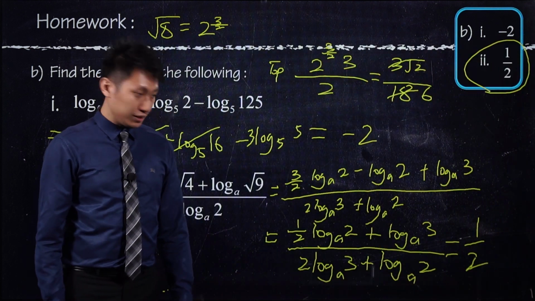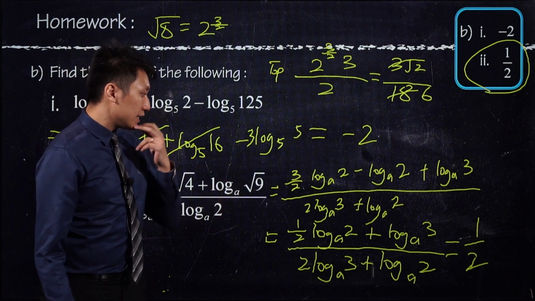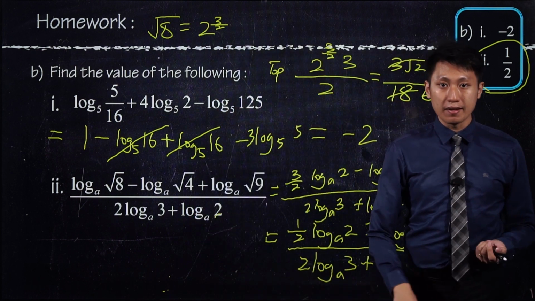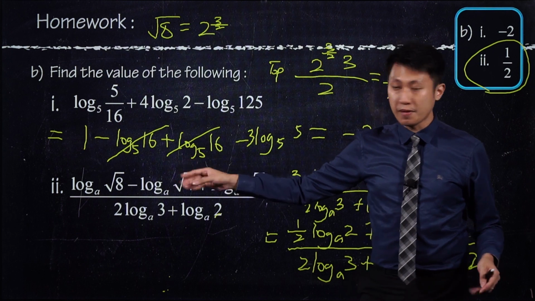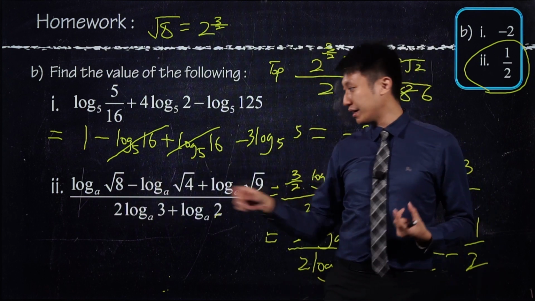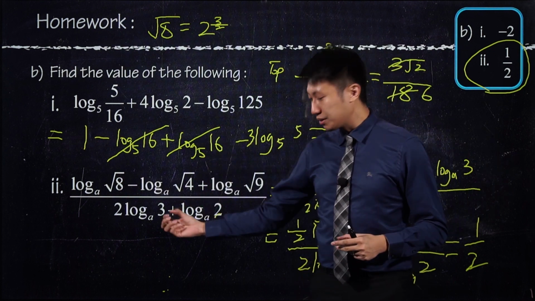Alright, so this one is a little bit more difficult. The reason is because it's log minus plus minus log and so on. So the top part you can combine to be equal to one thing, collapsing it. Bottom also can collapse.